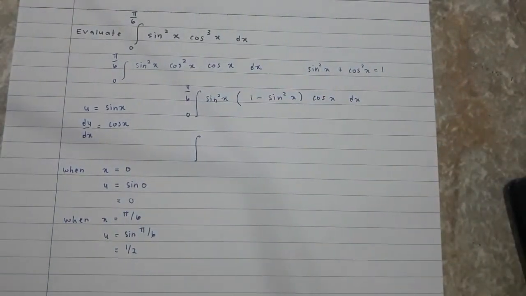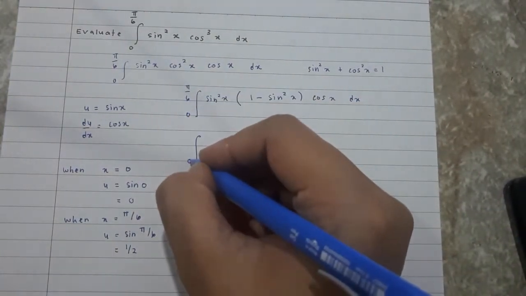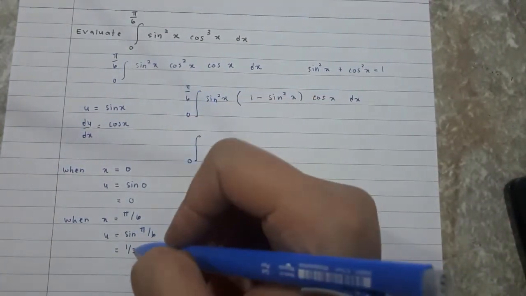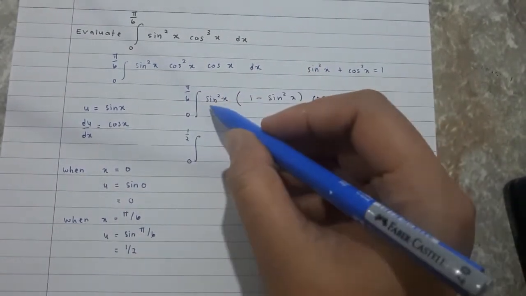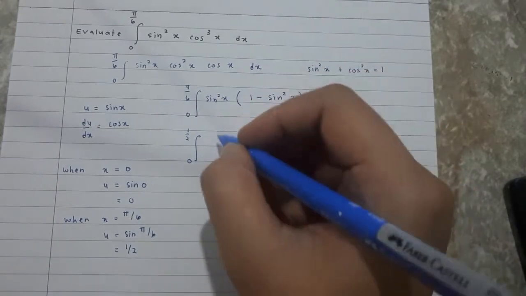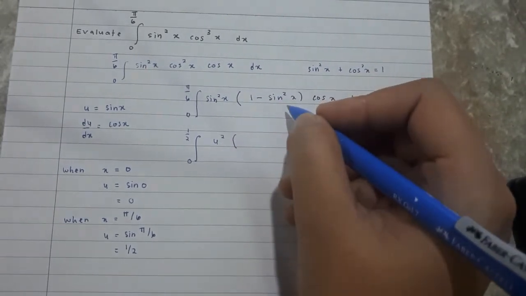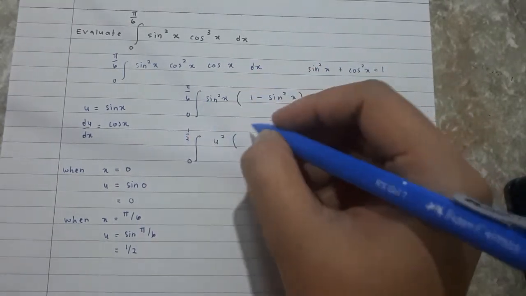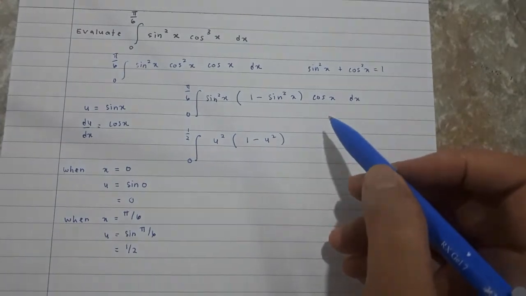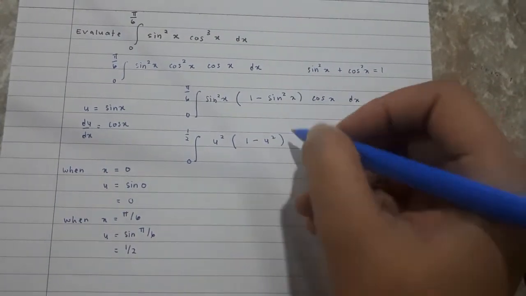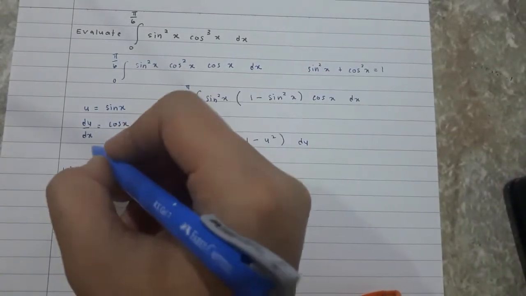Okay, substitute in terms of u. 0 is still 0. Pi over 6 is now 1 over 2. Sine square x, u square. 1 minus sine square x, 1 minus u square. And then cos x dx is equal to du from here.